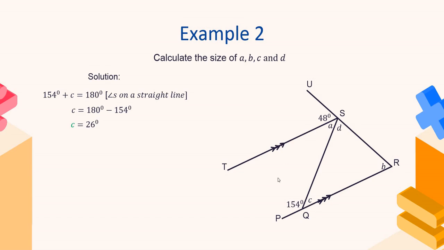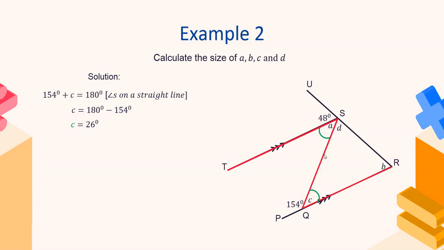surely these 2 parallel lines, TS and PR, tell us something. So now, if we look at it, did you see what I see? A and C are alternate angles, because TS is parallel to PR. It makes the Z shape. So in that case, what does that mean?